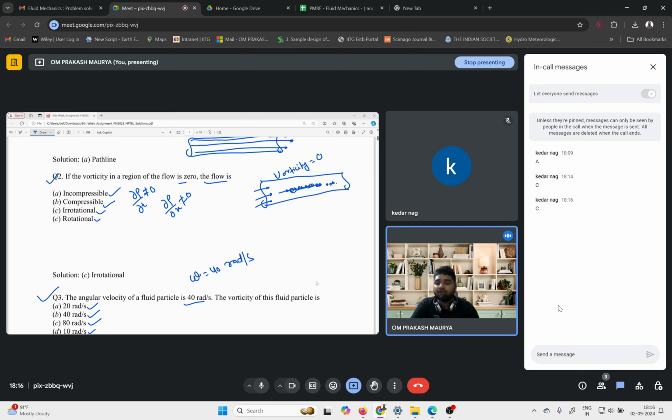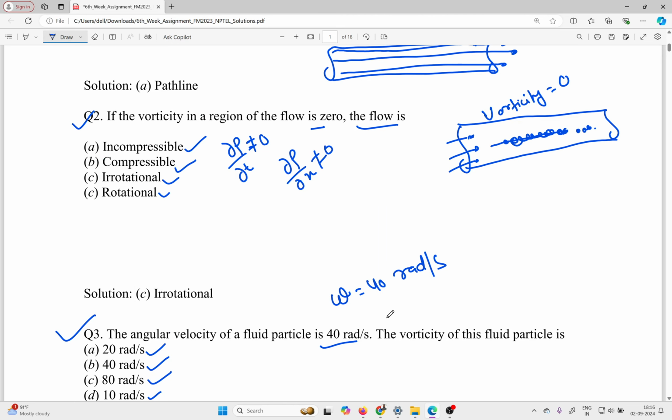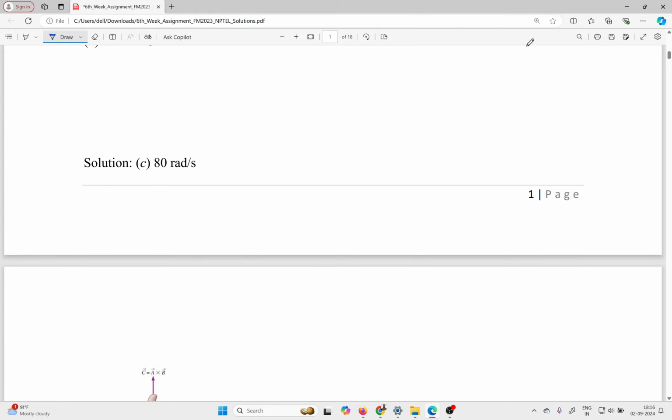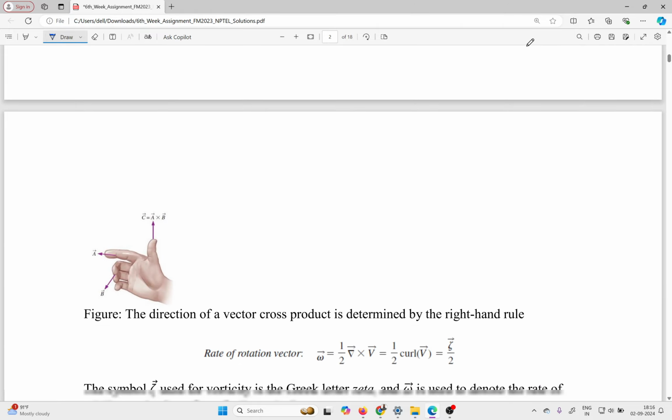Okay, you are telling me that for question number 3, option C is correct, right? Let me explain how it is correct. Basically, how are angular velocity and vorticity related? Option C is correct, definitely.